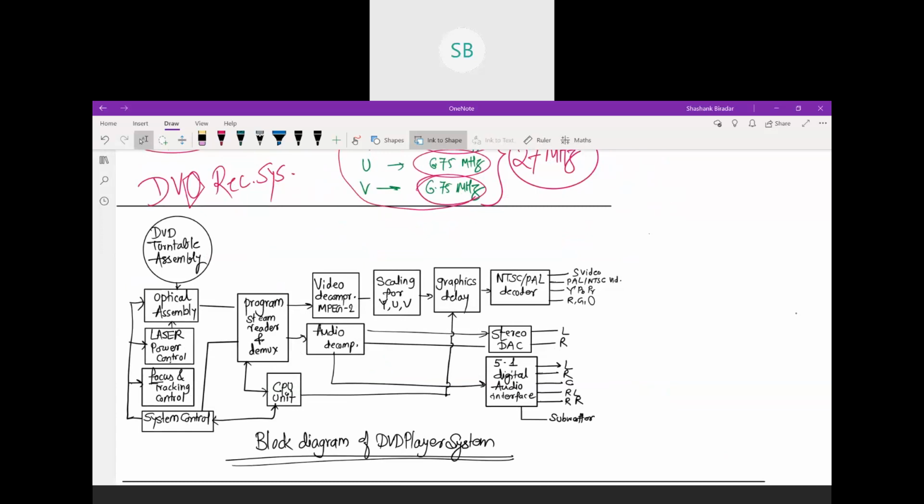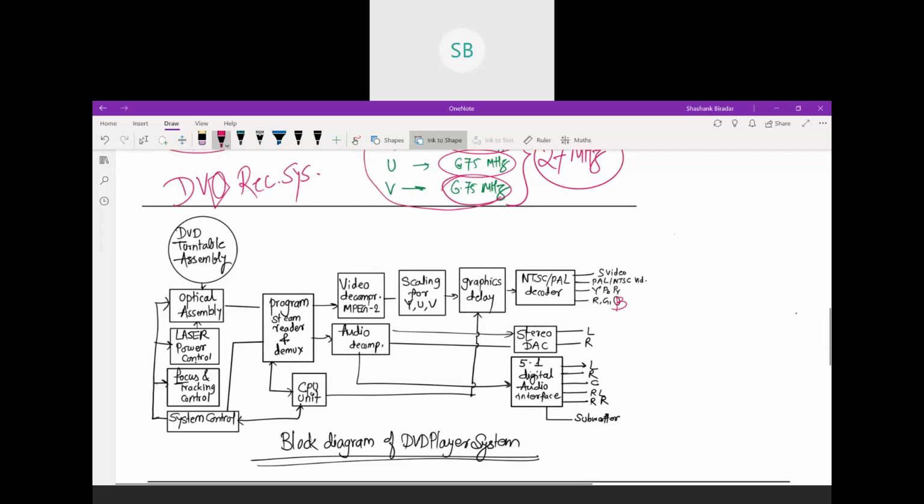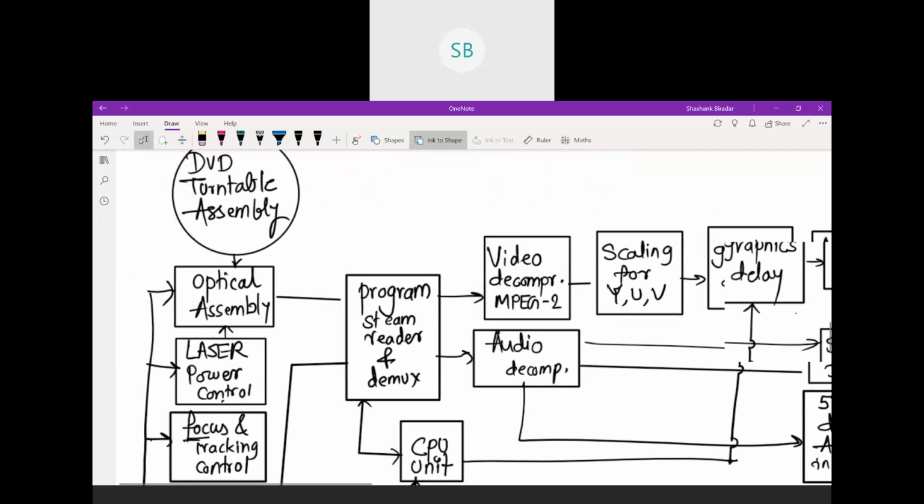Previously we saw the recording system, now we will see the player system, the DVD player system. Here you need to focus on some more parameters. First of all, is this visible on your mobile screen? Let us zoom this one.